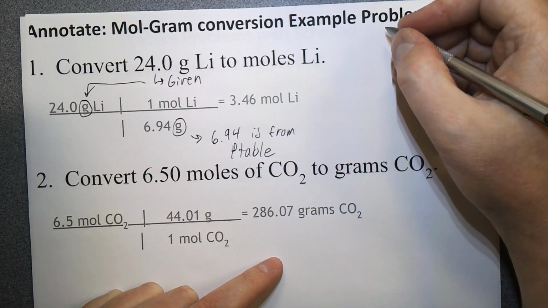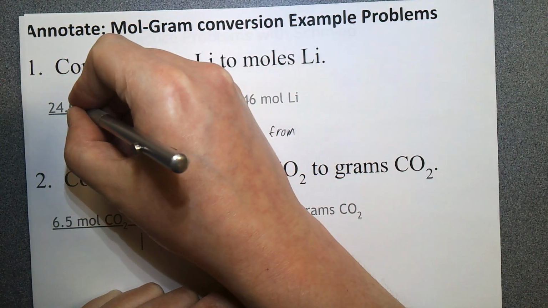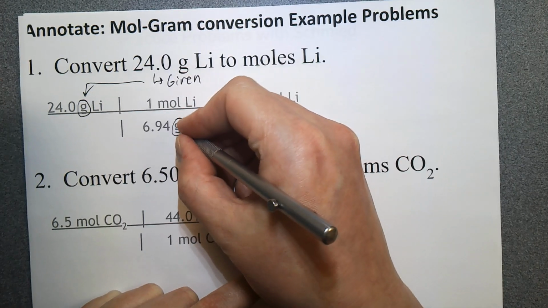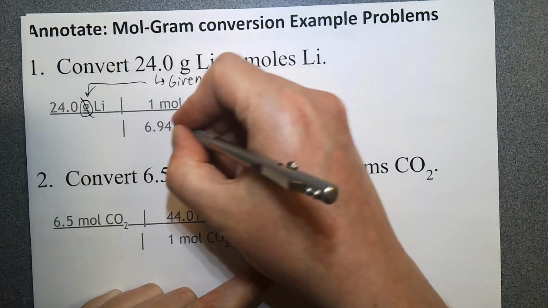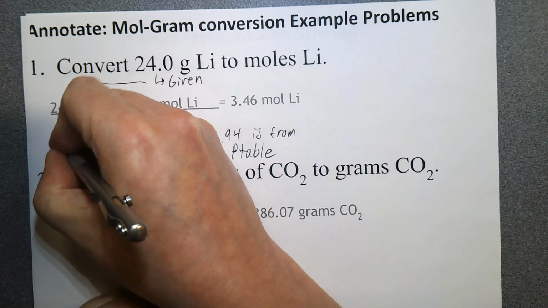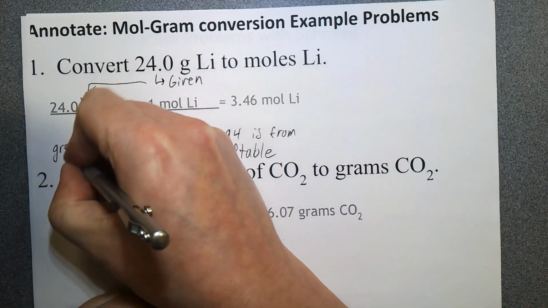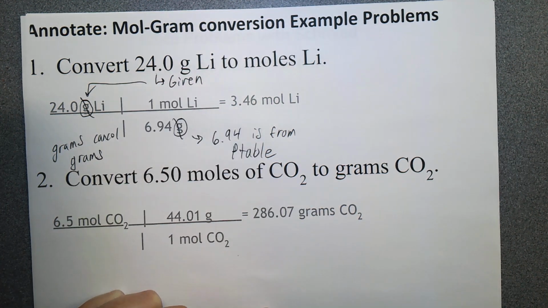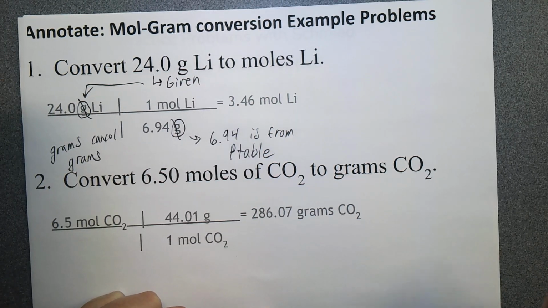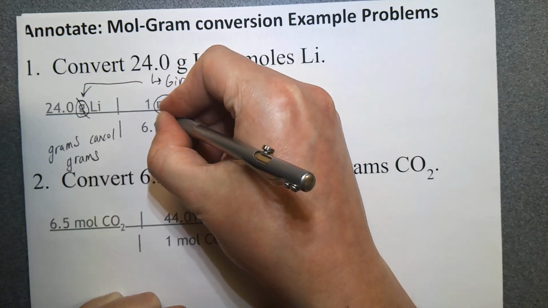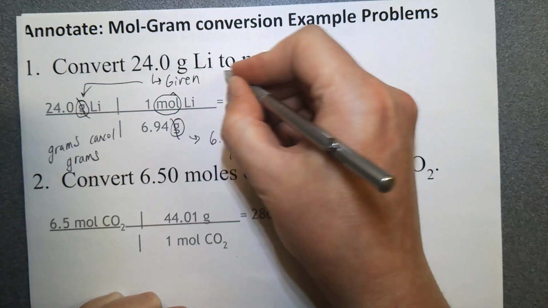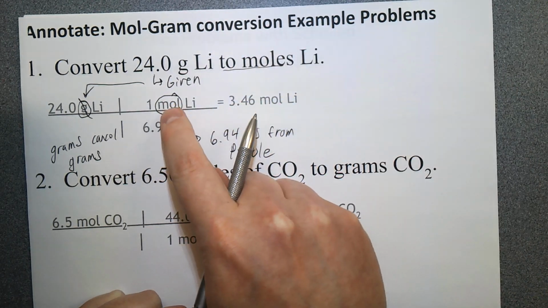And then a couple more things to annotate here. We put our grams there and our grams there so that they cancel out. So we have grams cancel grams there. The reason we care about that is so that we can get into the unit of moles, because it's asking us to convert to moles, and that's the one we want on top.